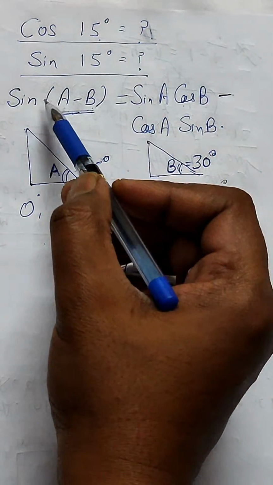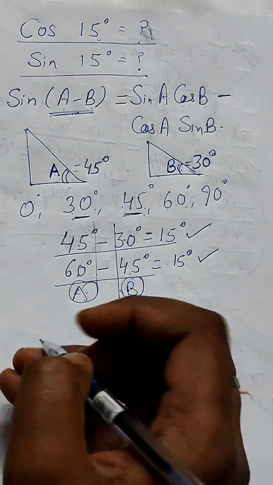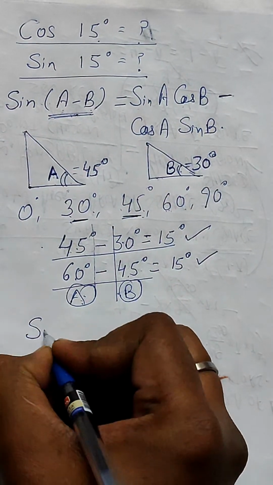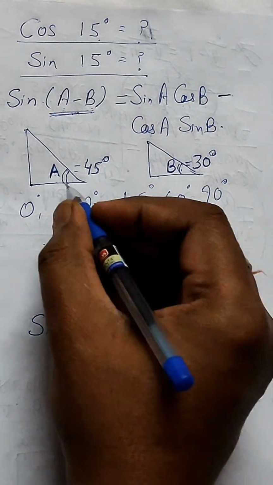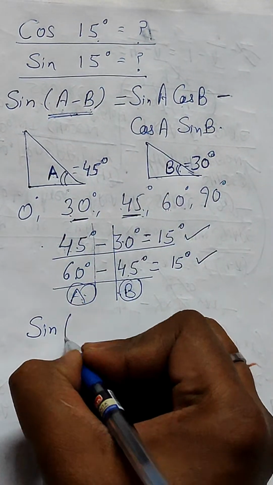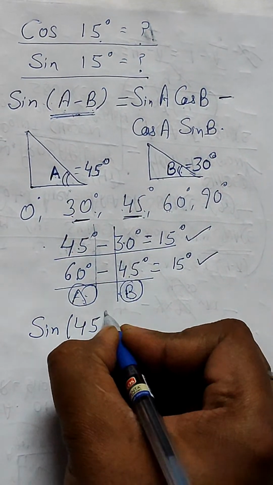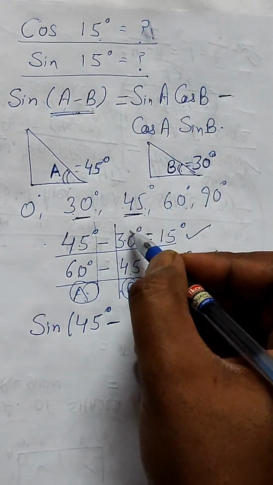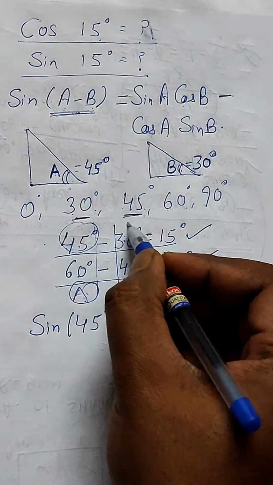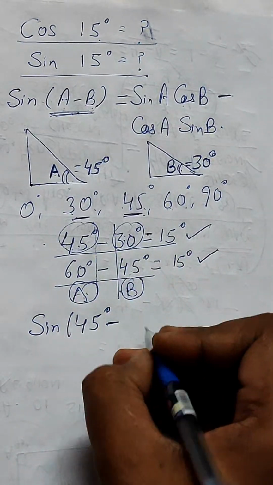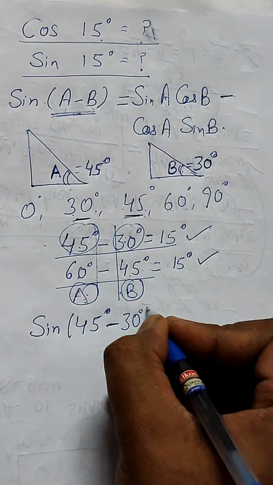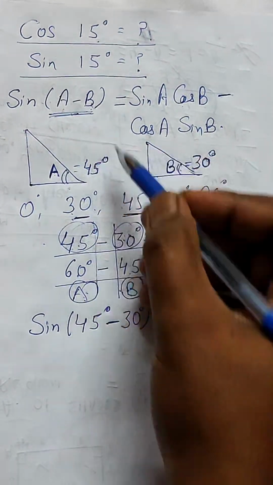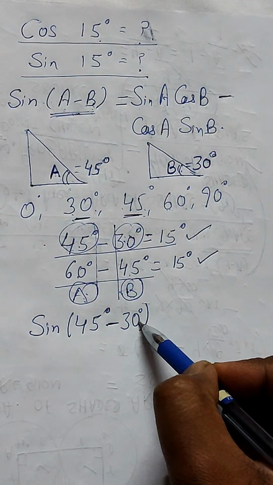We will get sine of 45 degree minus 30 degree. In place of B in the formula write 30.